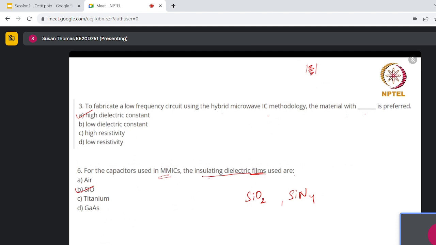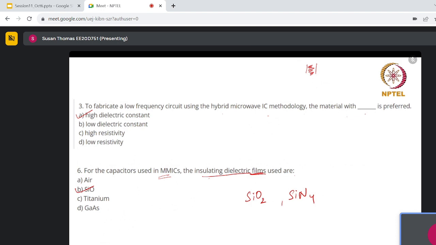But whereas if we think of circuit flexibility, suppose you want to fabricate something in an MMIC, that is much easier. We have the circuit flexibility and the performance can be enhanced, and we don't have to fabricate the entire device.